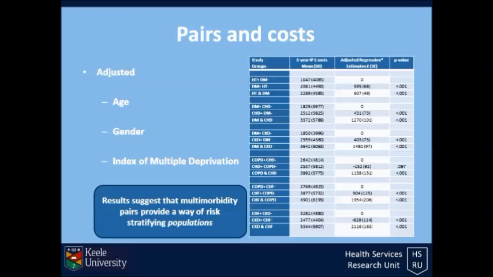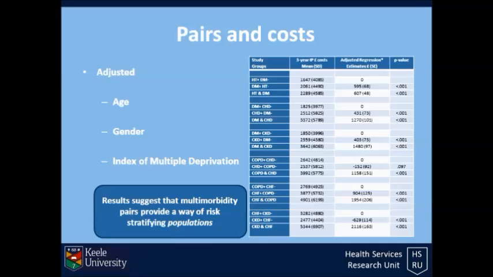The group with chronic kidney disease and heart failure, your average costs were the highest, £5,300. So these escalating costs show to us that the multimorbid pair can give you indicative average costs for a 3-year time period. And it gives it for the population.